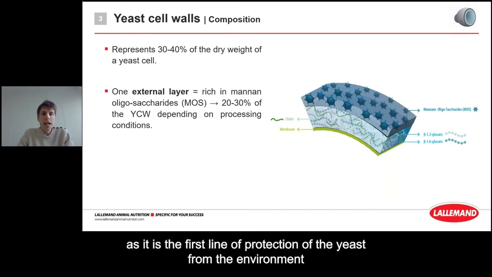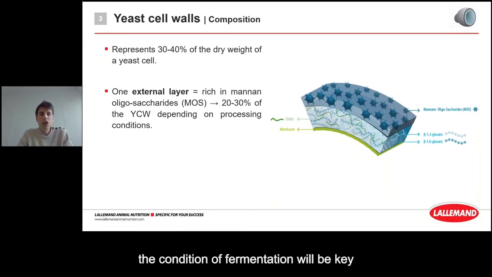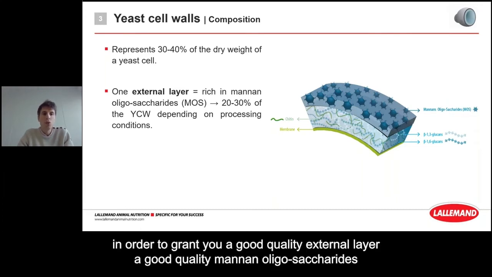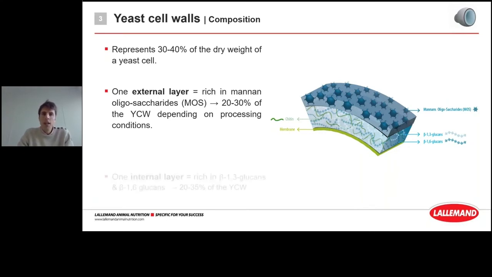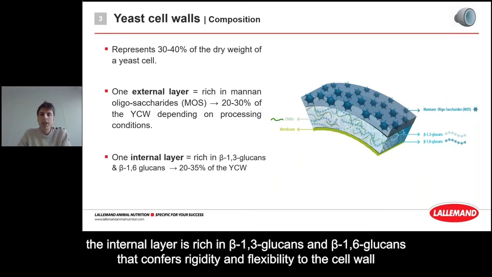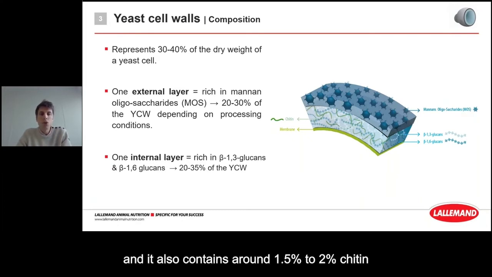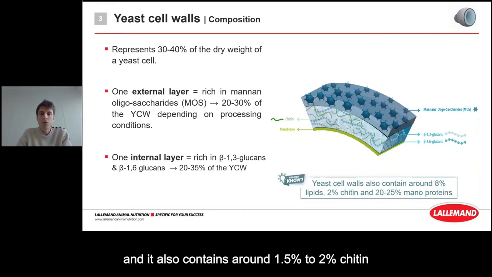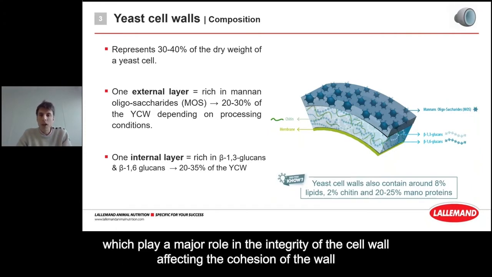And as it is the first line of protection of the yeast from the environment, the conditions of fermentation will be key in order to grant you a good quality external layer, a good quality mannan-oligosaccharide. The internal layer is rich in beta-1,3 glucans and beta-1,6 glucans that confer rigidity and flexibility to the cell wall, and it also contains around 1.5 to 2% chitin, which plays a major role in the integrity of the cell wall, affecting the cohesion of the wall.